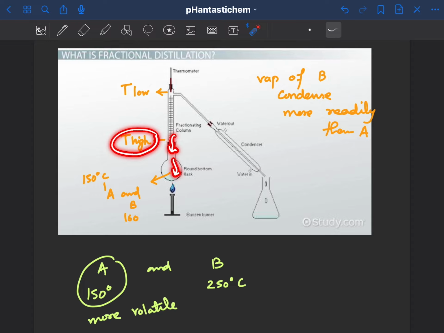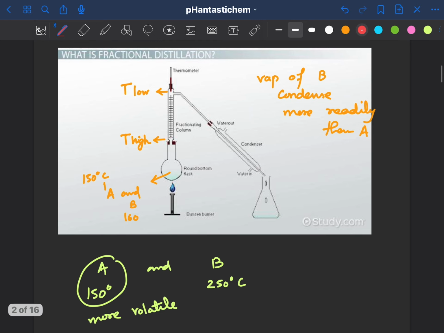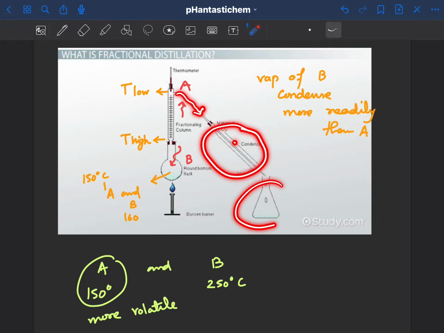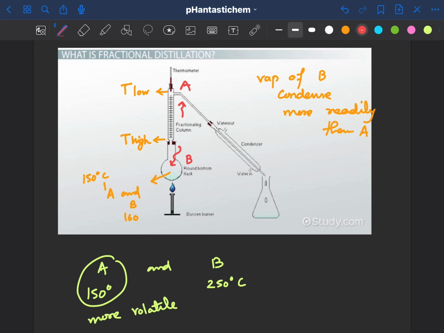So this will be richer in B, and these vapors going up will consist of A. We repeatedly do this process, and these vapors can escape into the condenser. Then we can cool down A and we'll ultimately get A. This is how we separate them. This is what fractional distillation consists of.